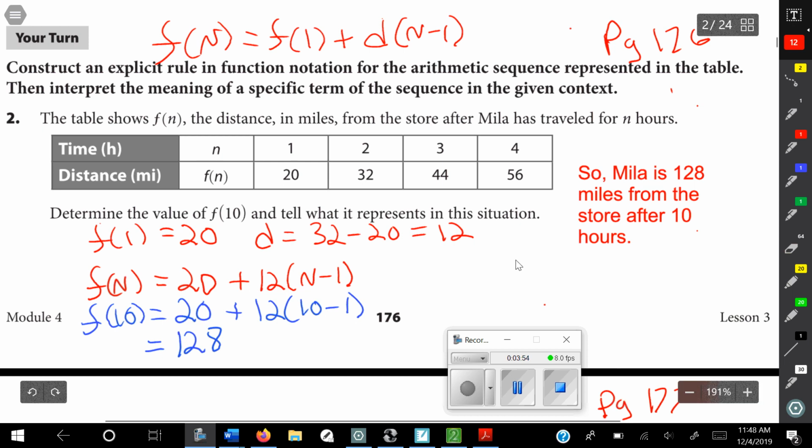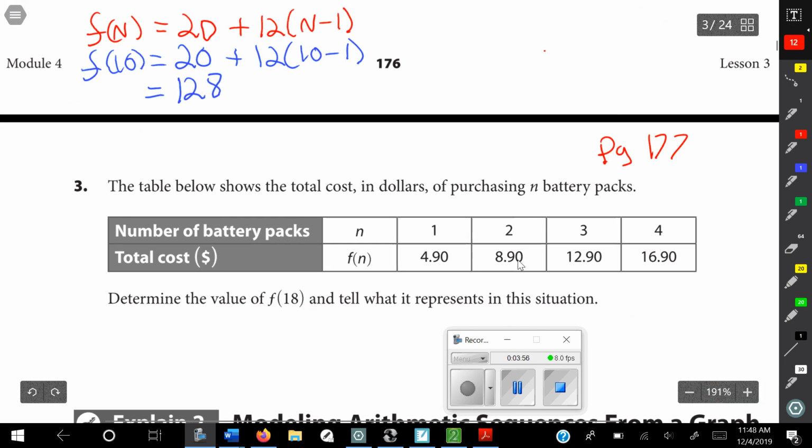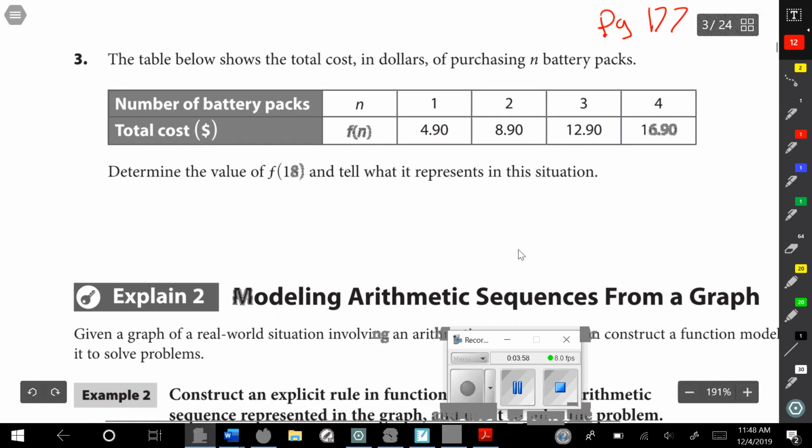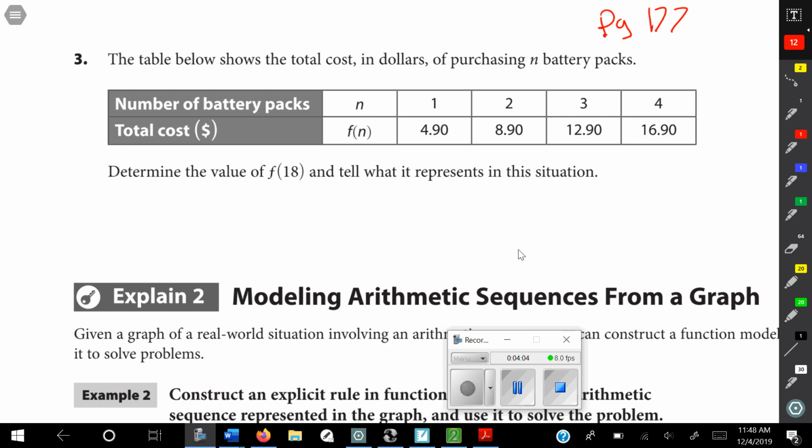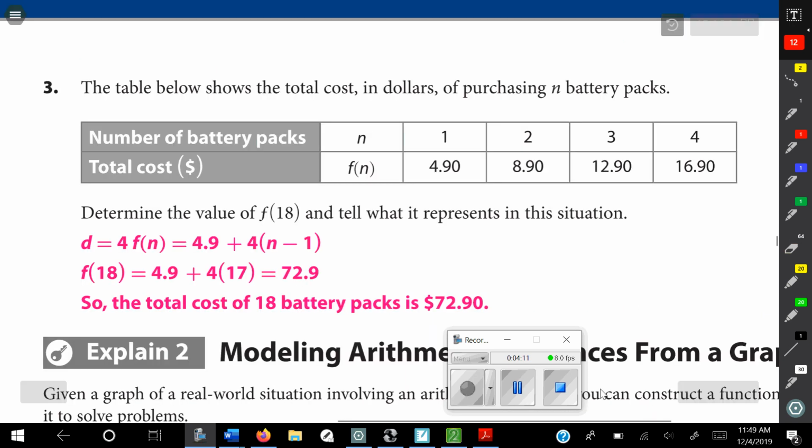Okay, go ahead and take a look at this example and see if you can come up with the correct solution. Okay, so this should be what you get. The total cost of 18 battery packs is $72.90.